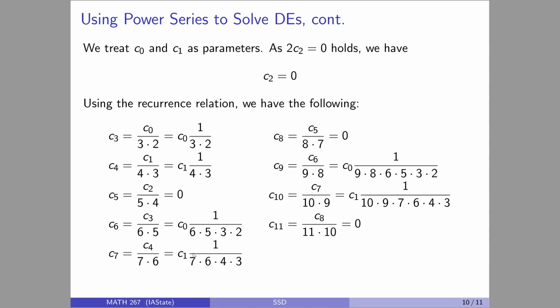And similarly for C7, we know what C4 is equal to in terms of C1, so we can solve for that. And then given that, we can solve for C10, then C13, C16, and so on. Right. So it's worth noting that you can actually come up with an explicit formula here. Note the bottom is a factorial, but it's missing a couple of terms.